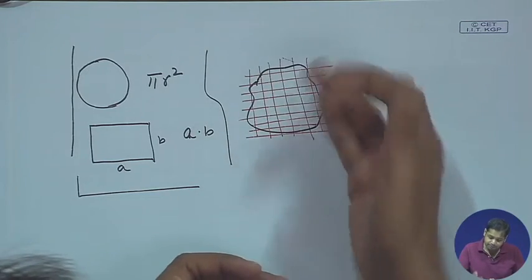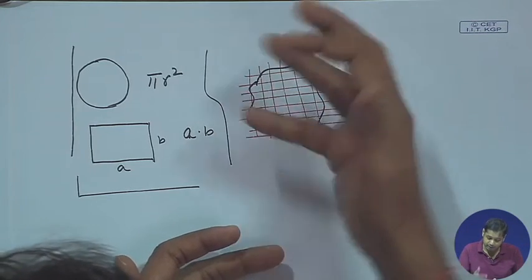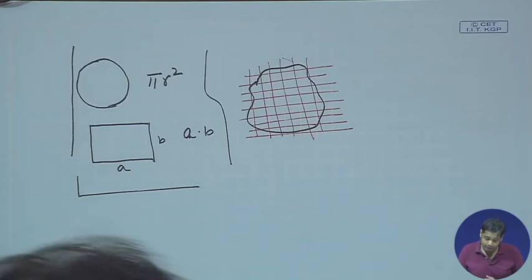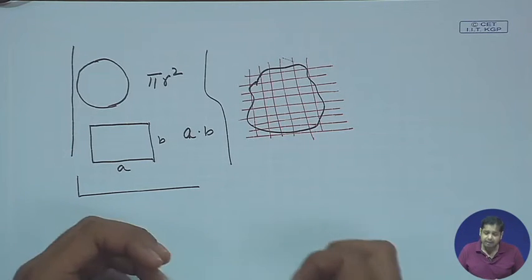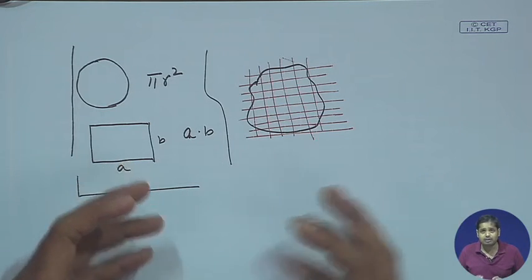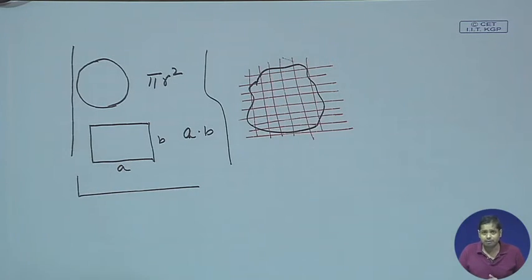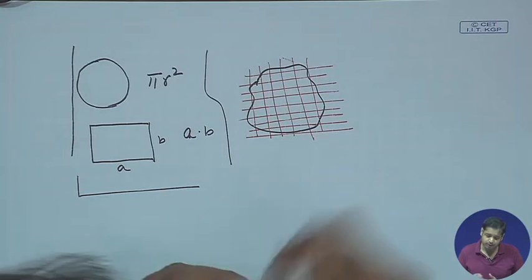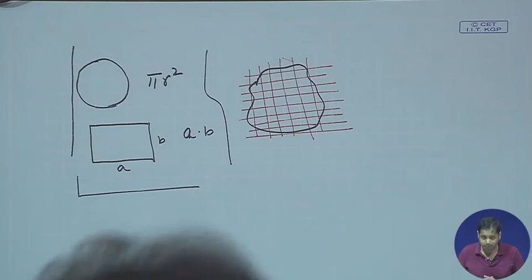For instance, in this case the actual problem is finding the area of this entire shape, which we cannot find directly because we don't know the formula for it. So we divide the entire problem into smaller sub problems, and the sub problem is finding the area of a square. Each sub problem we know the solution, we have the information. Then we assemble that information to get the solution of the final structure, or in this case the solution of the final problem, the final system.